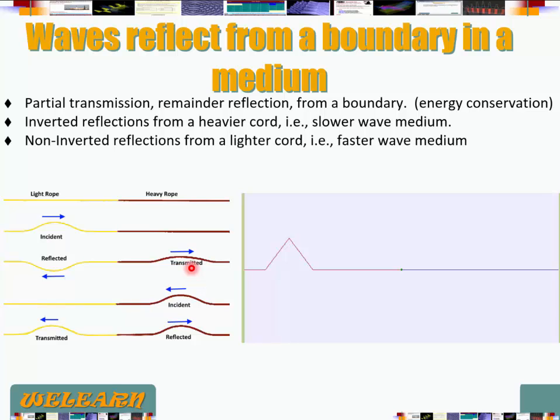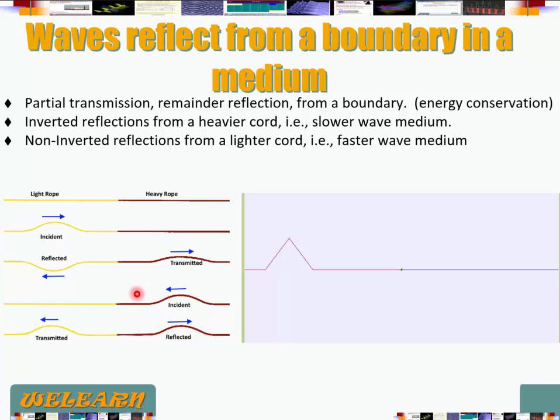On the other hand, when we start with a pulse on the heavy side, it's coming here, it meets the interface here, the transmitted is still in the same orientation. It's still upright. However, the reflected is also upright.